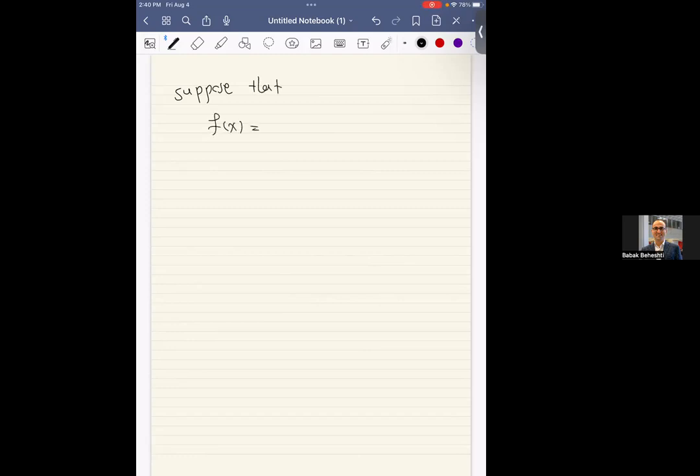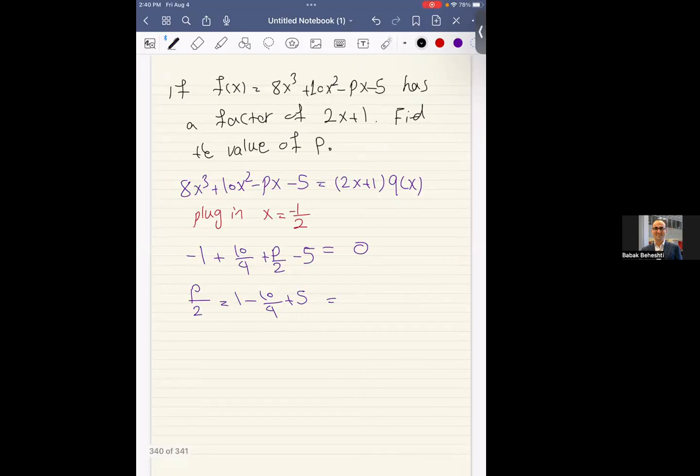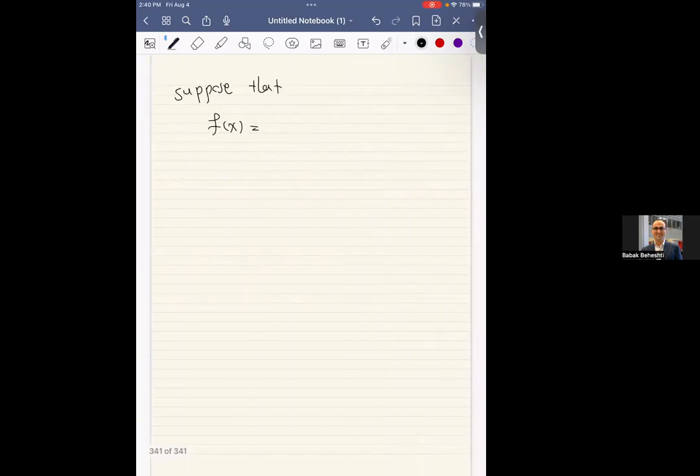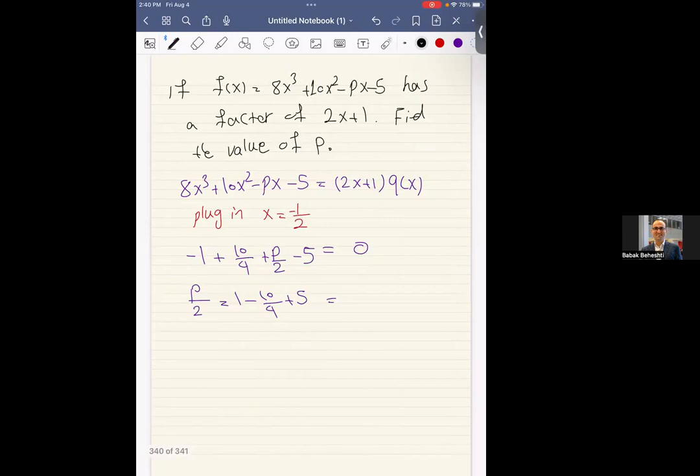First you have to find p, and then you just divide, using synthetic division, which is basically the long division. So 2x plus 1 is the factor, the thing you divide by. Exactly. Okay, got it.